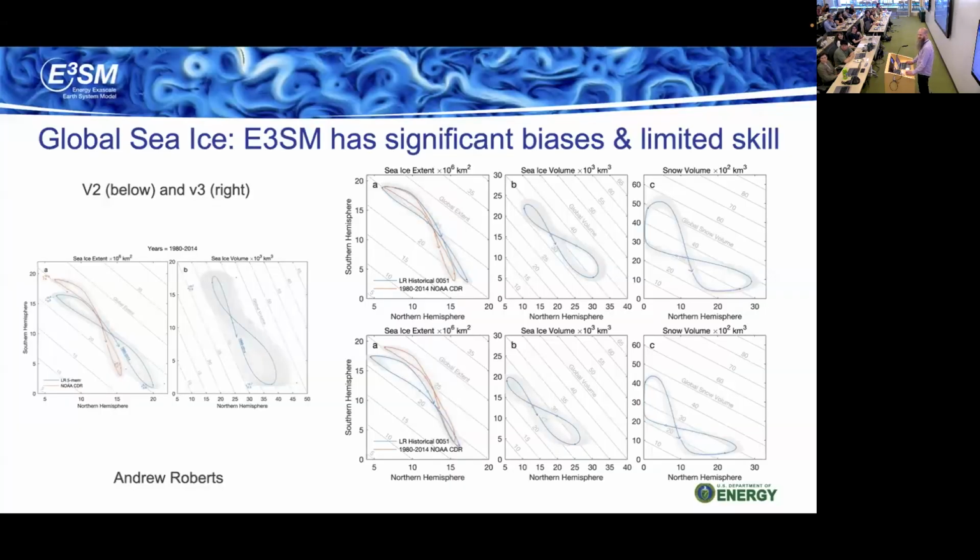Do we have a path or an idea of how to improve the biases in the Labrador Sea? The Labrador Sea bias has been a persistent feature in our system modeling for at least a decade. It's not just us, CESM sees the same thing.